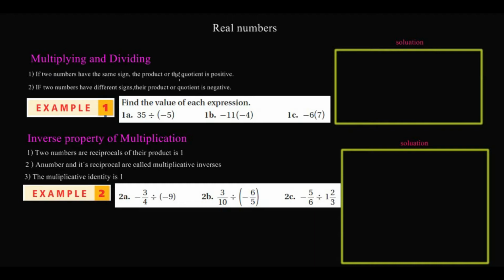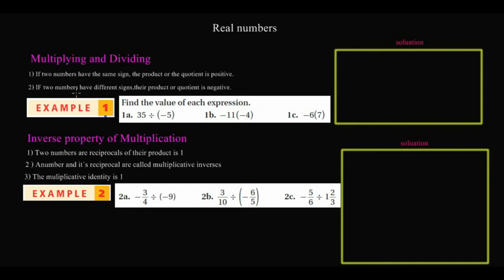Anyway, the two numbers have the same sign, so the product is going to be positive and the quotient also is going to be positive. If you divide the two numbers together, the quotient is positive, and if you multiply the two numbers together, their product is positive, in both ways.